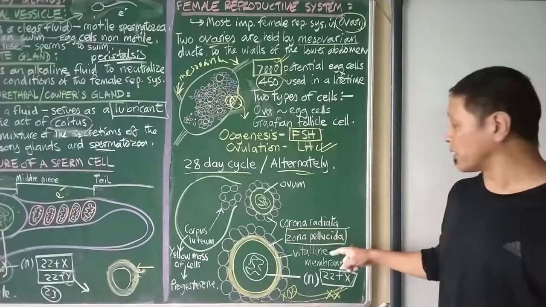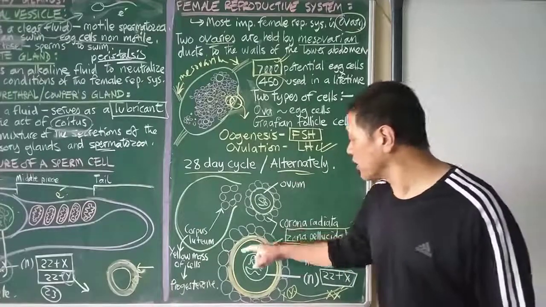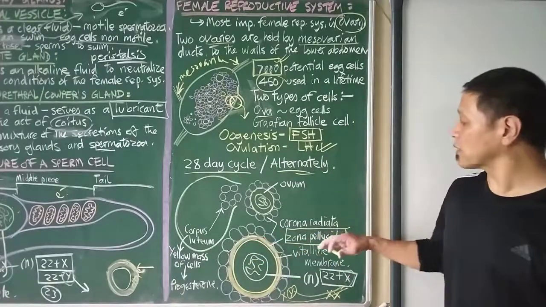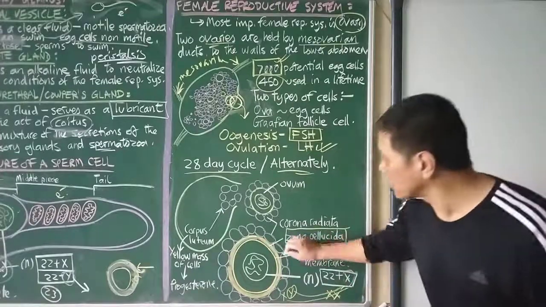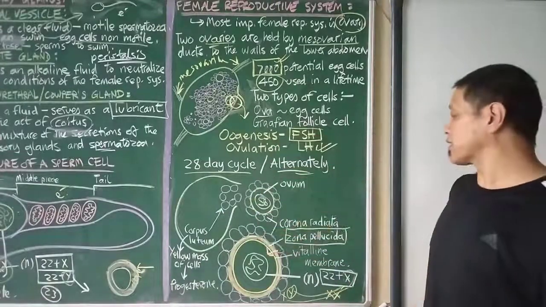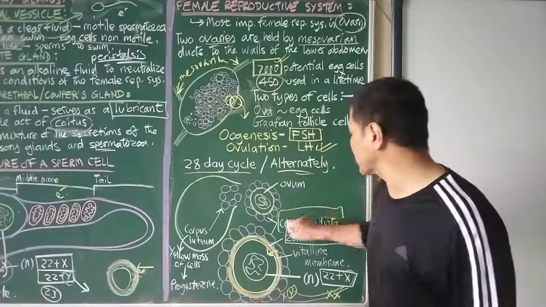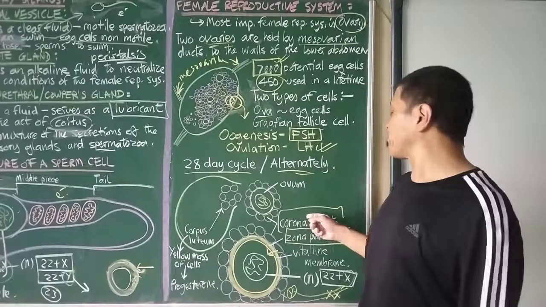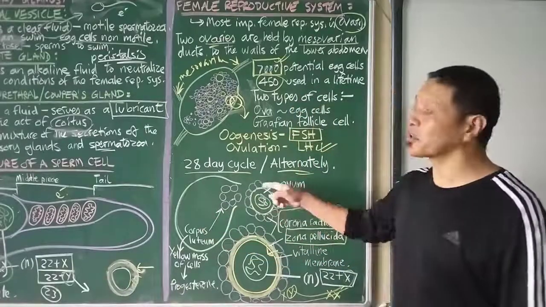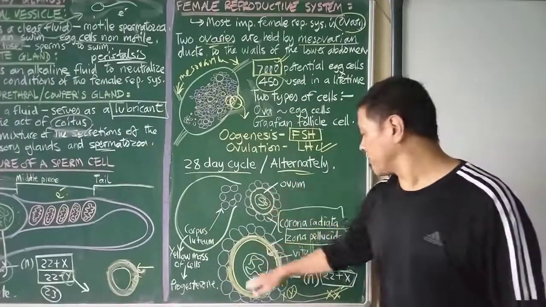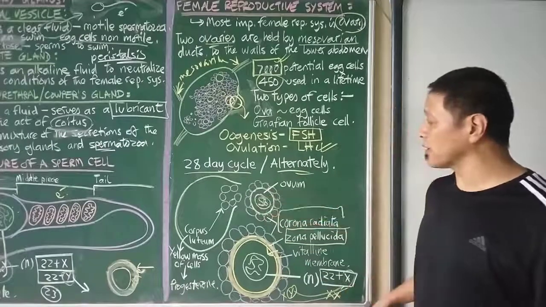It's a non-cellular structure which ensures that only the sperms of the same species are able to fertilize the egg cell. And the corona radiata are cells which were formerly called the graafian follicle cells. They still have a nourishing role to play, and they nourish this egg cell furthermore.